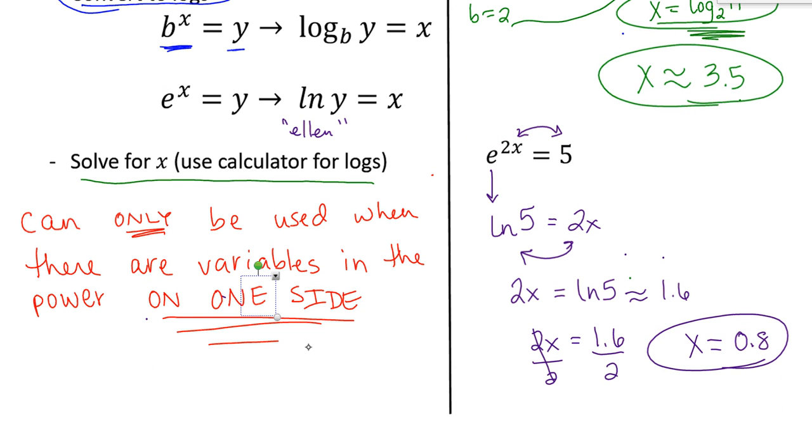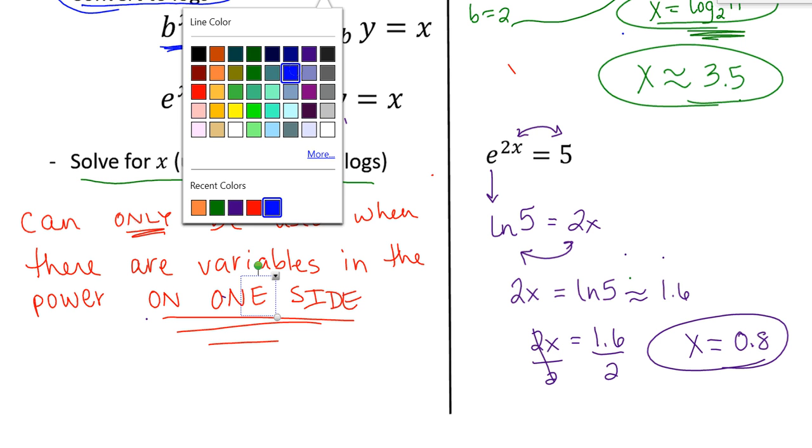You can't use this method when there's variables on two sides, both sides. Let me show you.